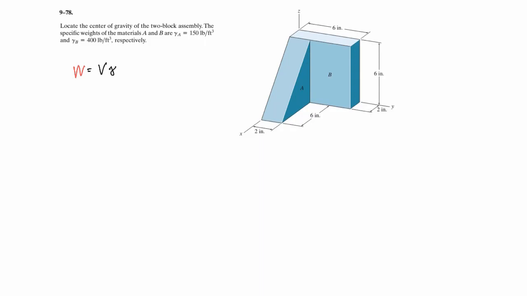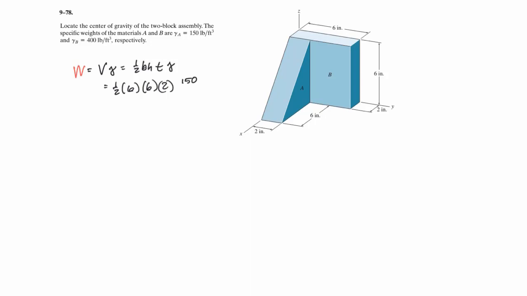What is the volume of this triangle-shaped area? It should be equal to 1/2 BH, so the area of the side, times the thickness times gamma. So I'm just going to give that to you: 1/2, the base is 6, the height is 6, the thickness is 2, the gamma is 150 pounds per cubic foot.